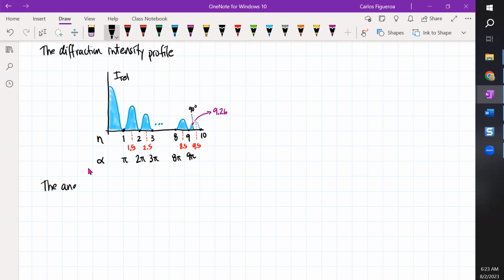The angular and screen locations for the first 4 maximas are going to go like this. So I'm going to start off with the angular locations.